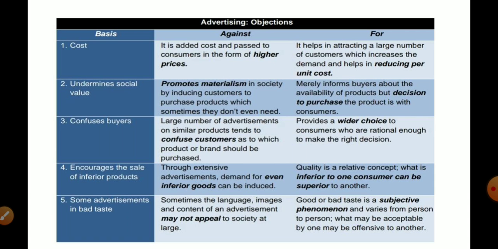Does it include some social values or not? The advertisements sometimes include information which is not socially desirable, but the decision to purchase a good can be made by seeing the advertisement.